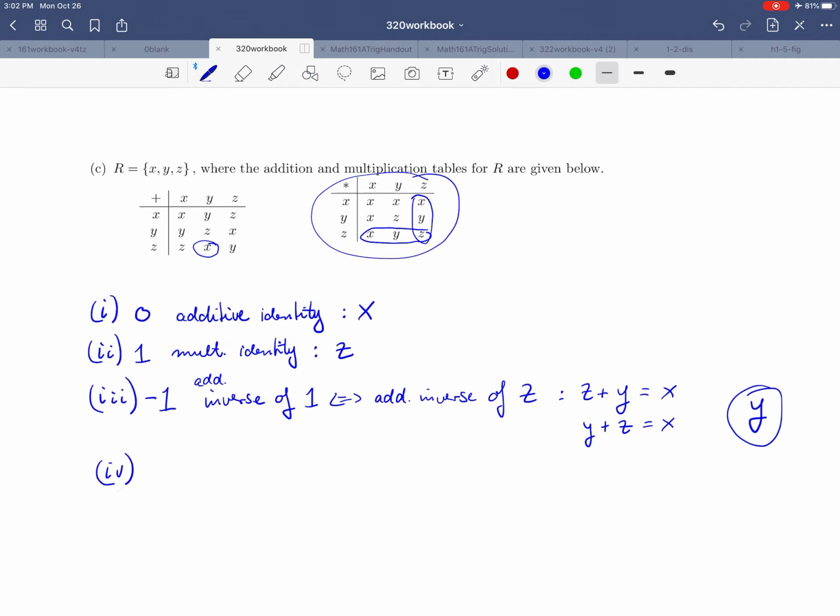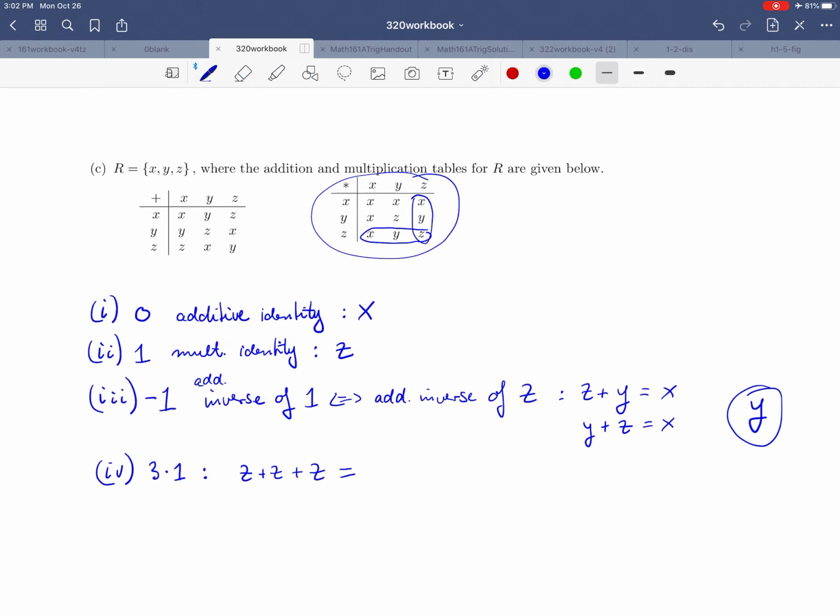And finally, we were interested in finding 3 times 1. Well, in this case, 1 was z. So we're looking for z plus z plus z. Let's see.